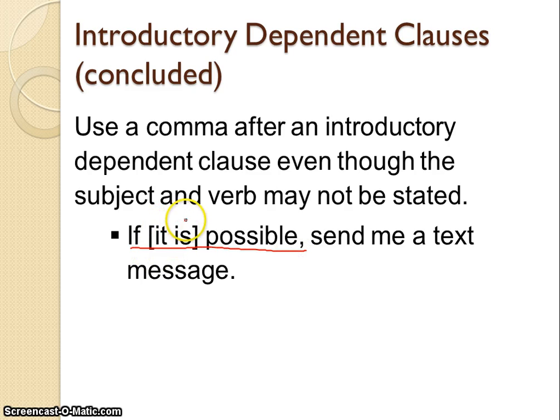Now this is implied. It would be the subject and this would be the verb, and they're implied but they're not shown in the sentence. This is what they're saying. This is still a dependent clause, and this is our independent clause. Send me a text message. So we're going to use this comma after it because even though it's not in the original sentence, it's implied. So it's taking the place of our subject and verb.